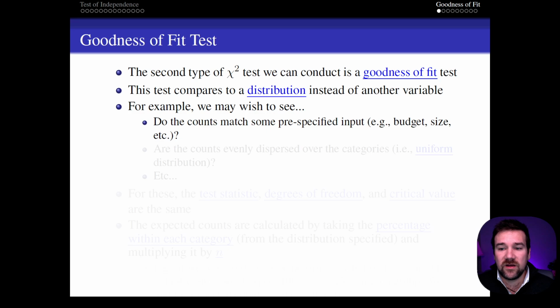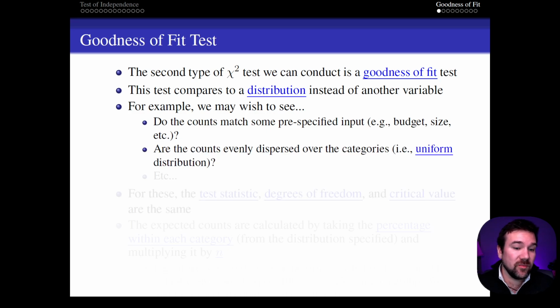This could be based on the budget or size of a department, and I want to see if the department's return on investment matches the percentage of investment of my total investment that I'm putting into the department. I might look to see, are the counts evenly dispersed across categories? I think that we're getting the same number of sales from each department or something like that, and I could compare or build a distribution based on that called a uniform distribution.